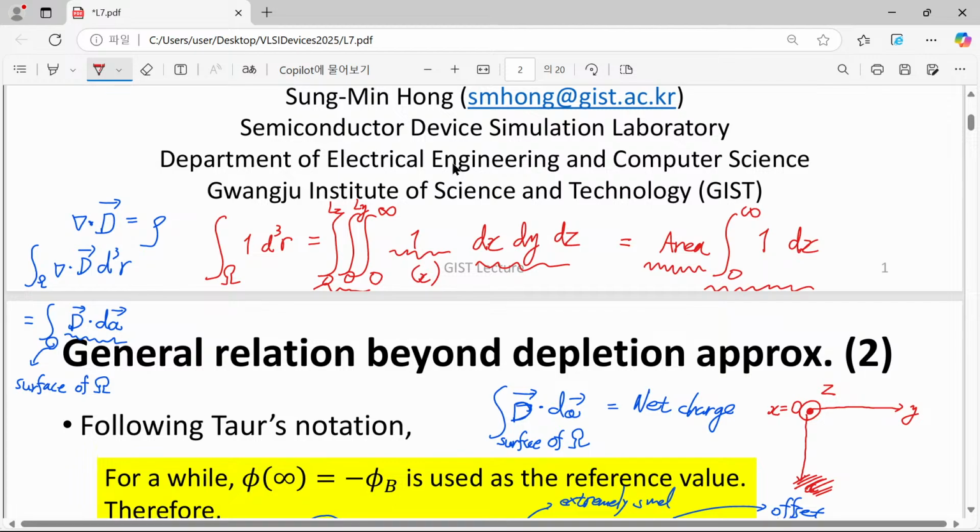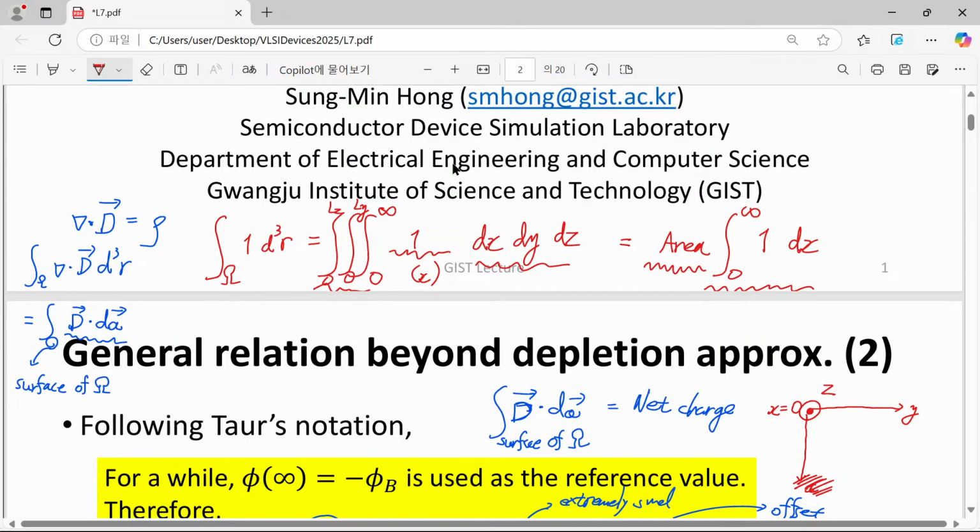Why are we bothered with this kind of dimension conversion? Because right now we are just considering the MOS capacitor. Everything is homogeneous. However, soon after, we will move into a system that is non-homogeneous position-wise. That is called what? Called MOSFET.